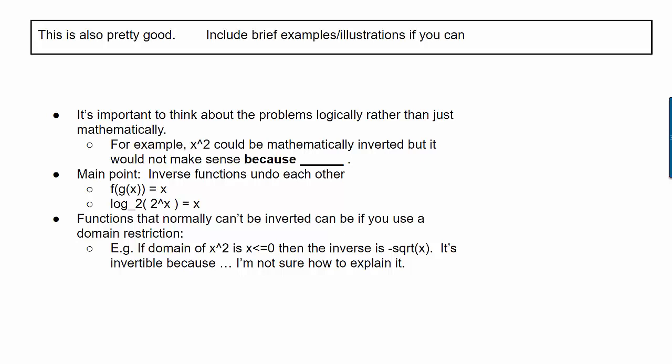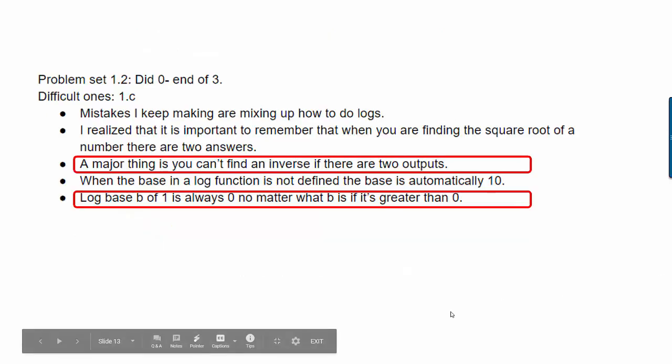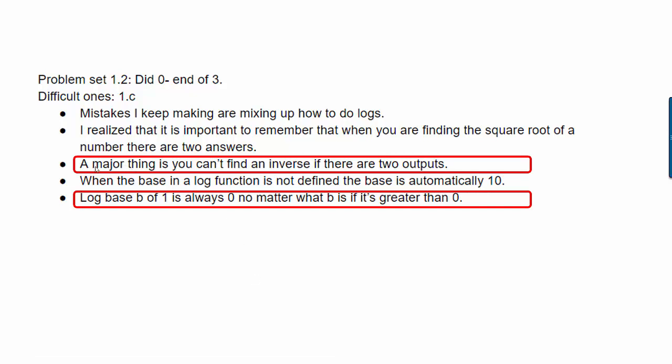So just a couple more examples here. I highlighted two bullet points that I think could be expanded upon. This first one is actually not precise enough in its statement. You can't find an inverse if there are two outputs. Well, most functions have an infinite number of outputs. So I think this literal sentence isn't probably what this person was thinking in their head.